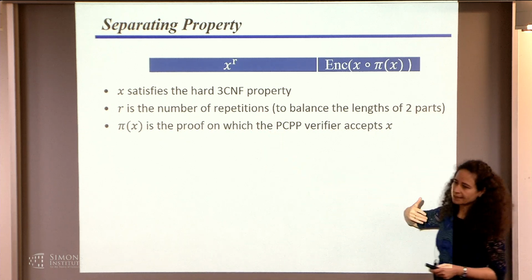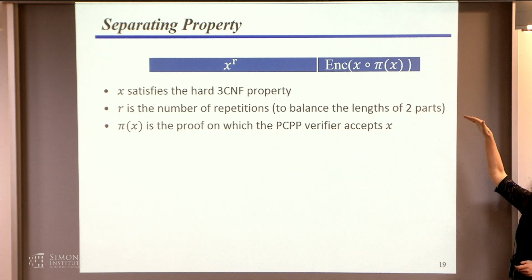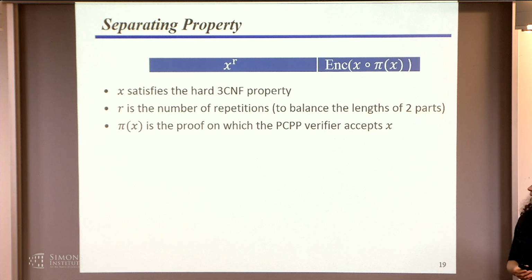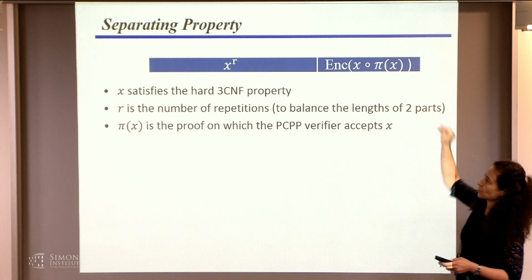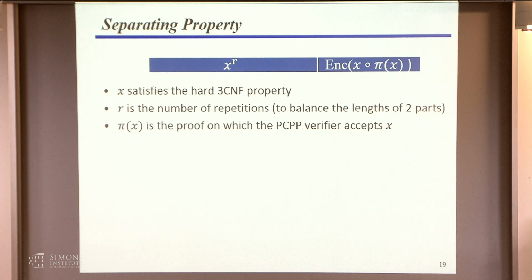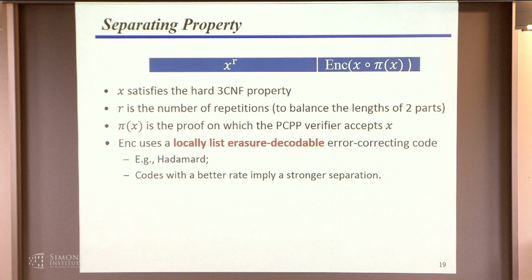If it is, then there is a proof on which the verifier accepts, so pi has to be that proof. Then we take x concatenated with the proof, and we encode it with the locally list erasure-decodable code. For the purposes of this talk, we're just going to use the Hadamard code. But if we get a code with a better rate, then it implies a stronger separation.